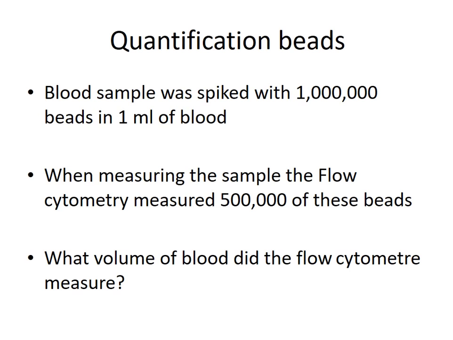Because the prognostic value for CD4 cells in HIV is dictated by the amount of cells per cubic millimeter. So in order to assess the patient against the recommendations, you need to work out the volume of blood that you measured.